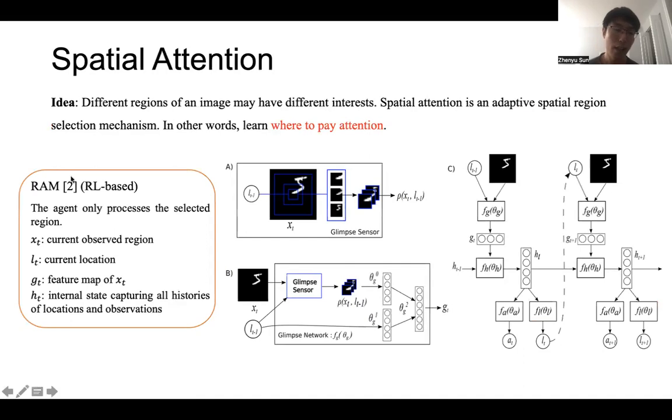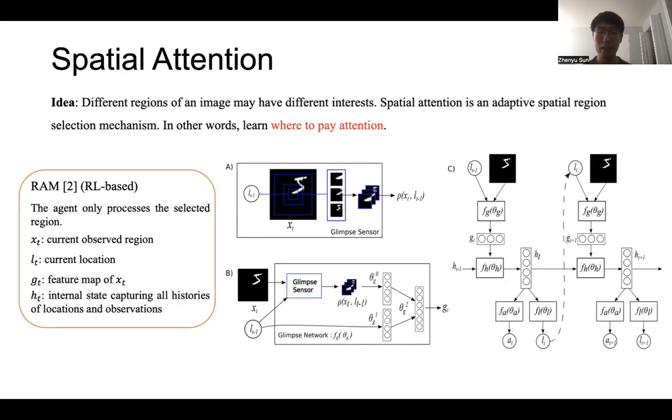I will focus on a work called RAM, which is a very smart work that combines a reinforcement learning approach. In this work, you can imagine each image as an environment, and there is an agent that tries to explore this environment. At each time step, the agent can only observe part of the environment.